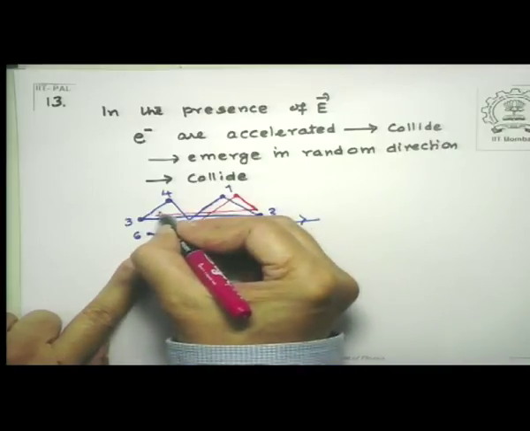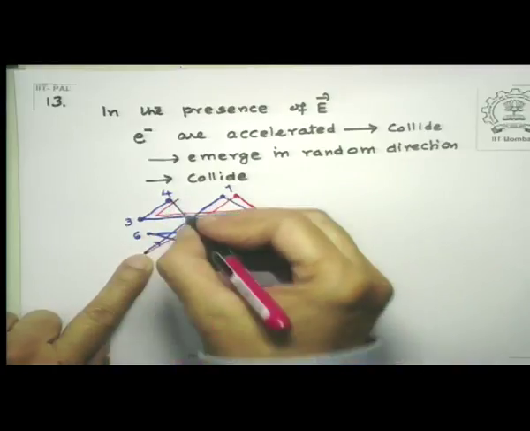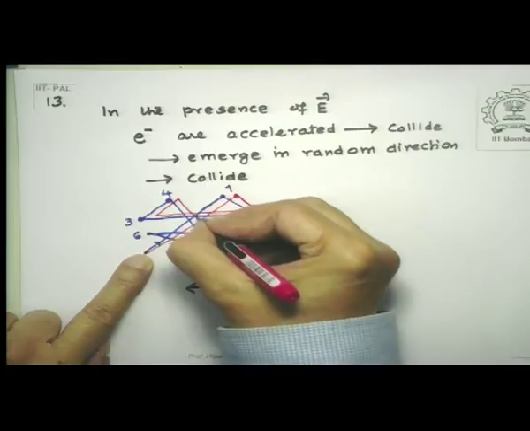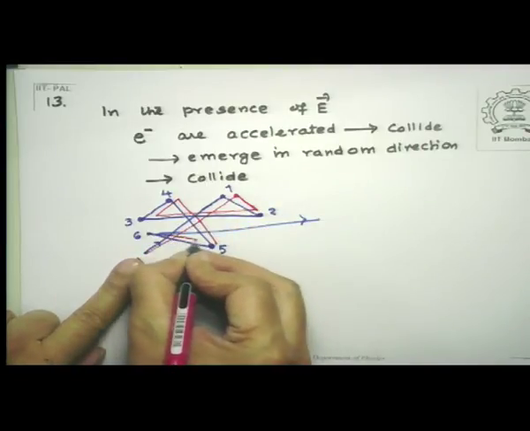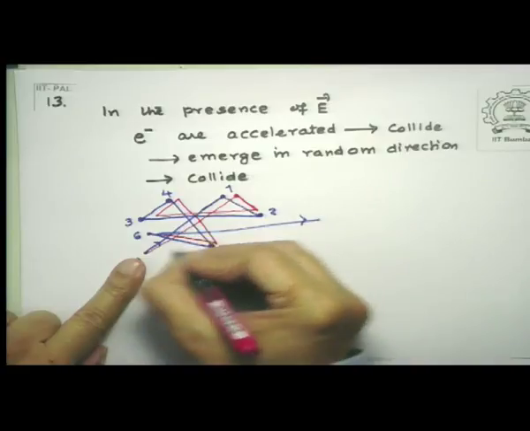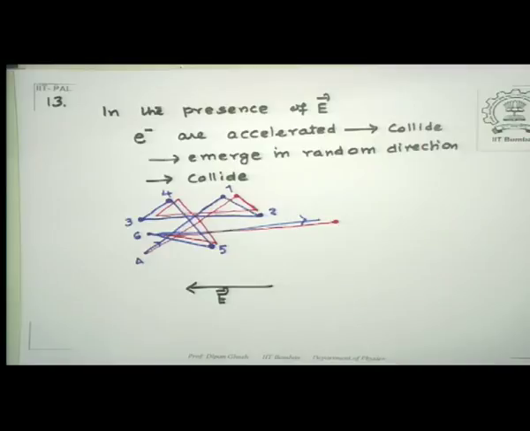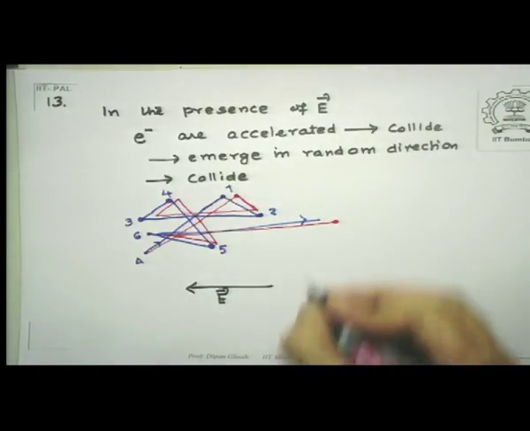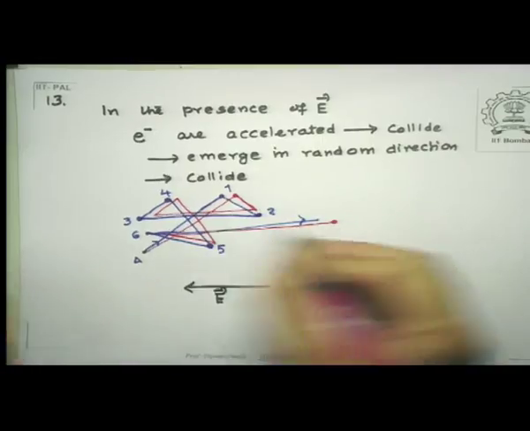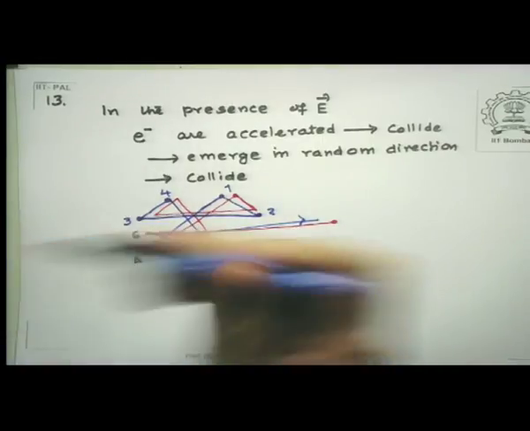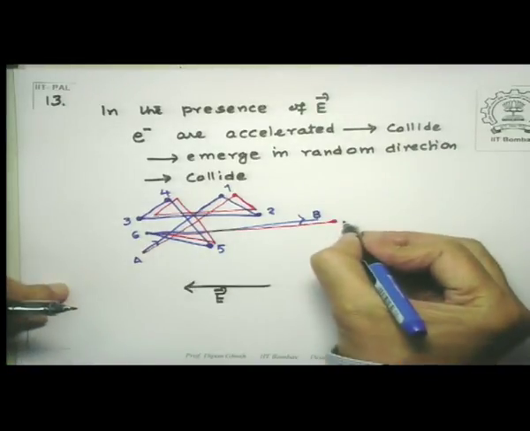So it will be roughly similar but slightly different. So notice that instead of arriving at this point, let me call this original point where it arrived in the absence of electric field B, and this is going to arrive at B prime.